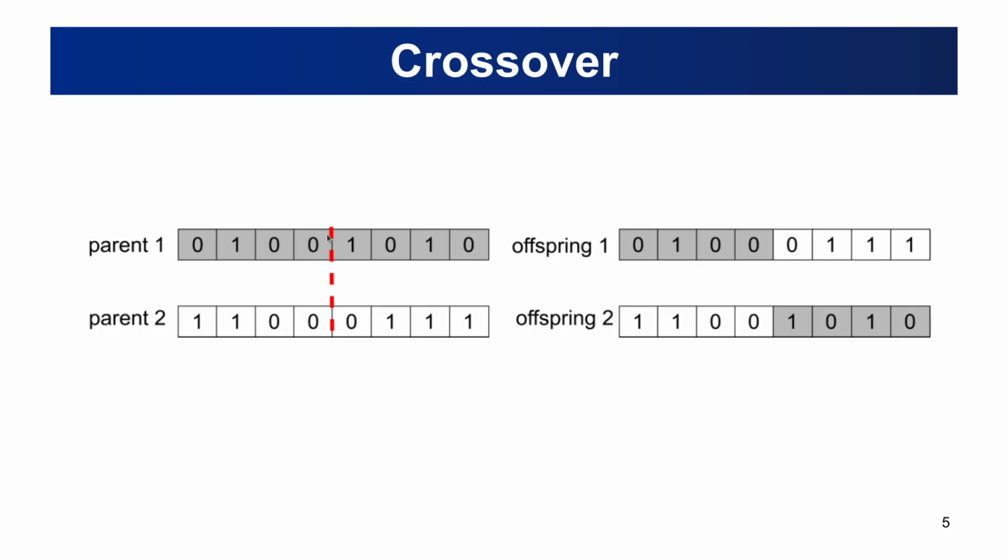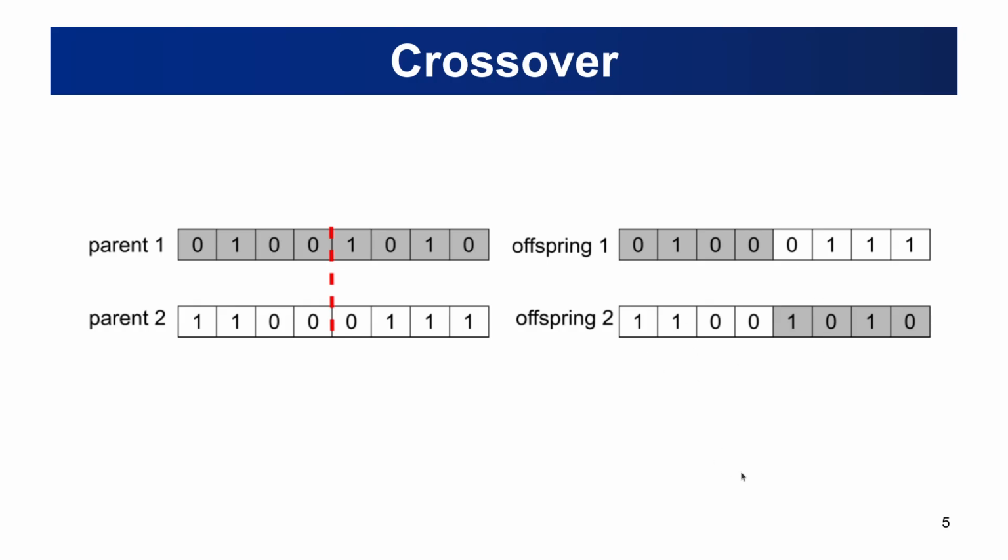So that means genes on the left and genes on the right, there's going to be an exchange. So here, we see that the first offspring maintains the genes of parent 1 and then takes the second half, the genes in the second half of parent 2. When you go to offspring 2, it maintains the first half of parent 2 and then takes the second half of parent 1, which is this one here. So that's why we have 2 offspring here.